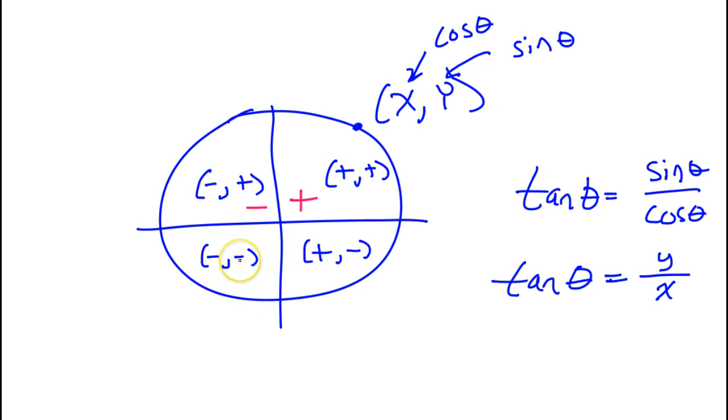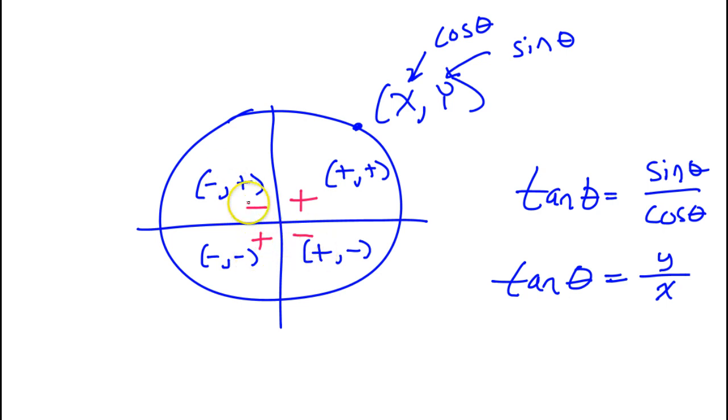In this quadrant, when I go to do y divided by x, that's going to be a negative divided by a negative. A negative divided by a negative is positive. So tangent is positive in this quadrant. And in the fourth quadrant, I will wind up doing a negative divided by a positive. That is a negative. So tangent is positive in the first and third quadrants.